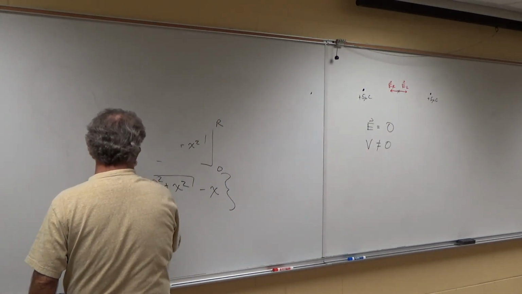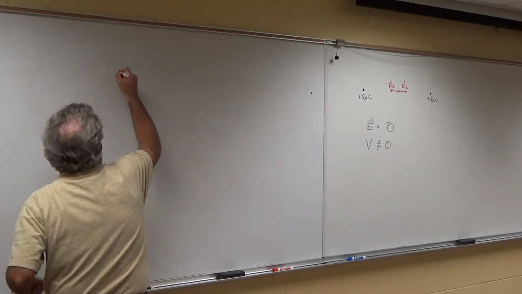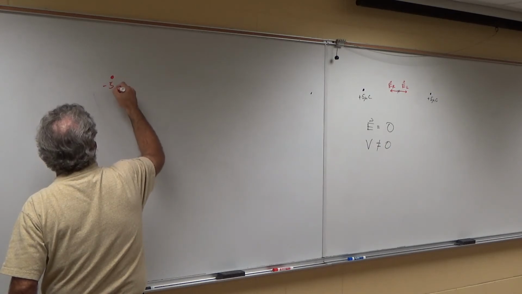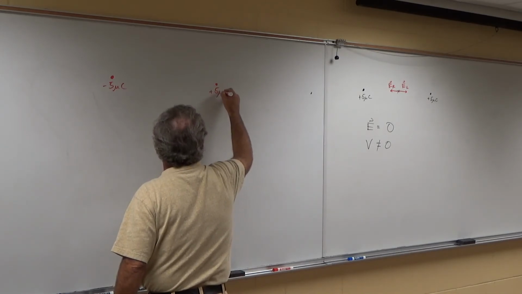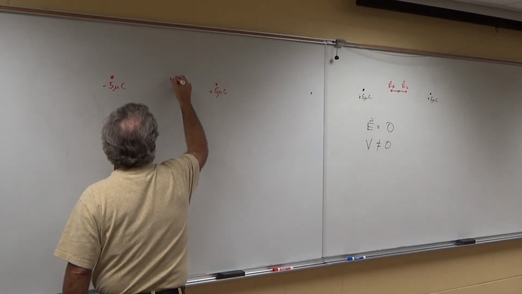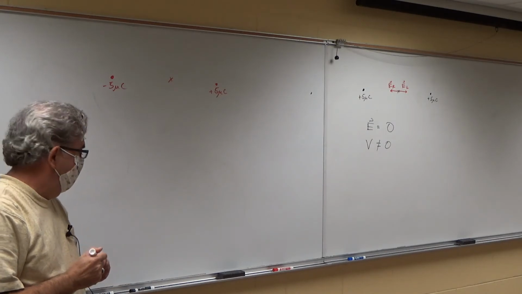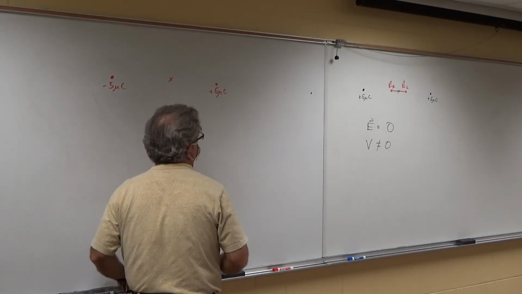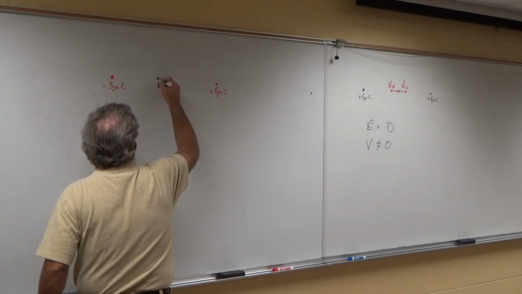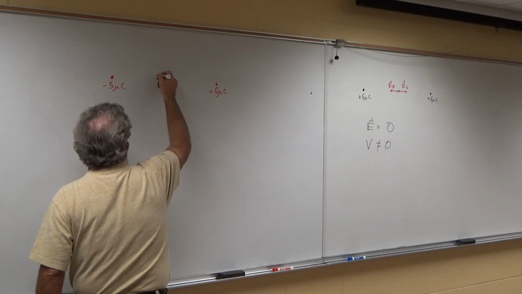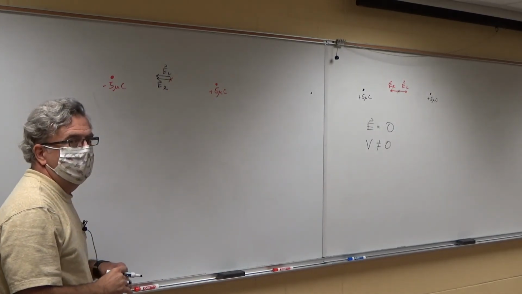I'm going to change one of the charges. -5 microcoulomb. Maybe you can already see what's about to happen. +5 microcoulomb at the midpoint. Which way is the electric field due to the charge on the right? Which way is the electric field due to the charge on the left? Is the charge in the middle positive?